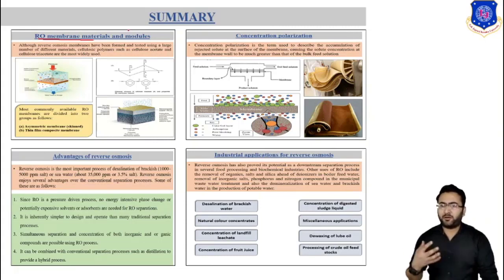Then we discussed the modules: mainly two types are used, spiral wound and hollow fiber membrane modules. Then we discussed the membranes used, asymmetric membrane and thin film composite membrane. Mostly thin film composite membranes are used, which give better effectiveness for reverse osmosis.